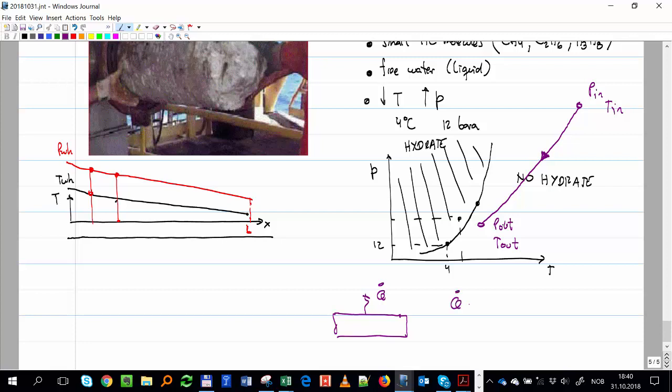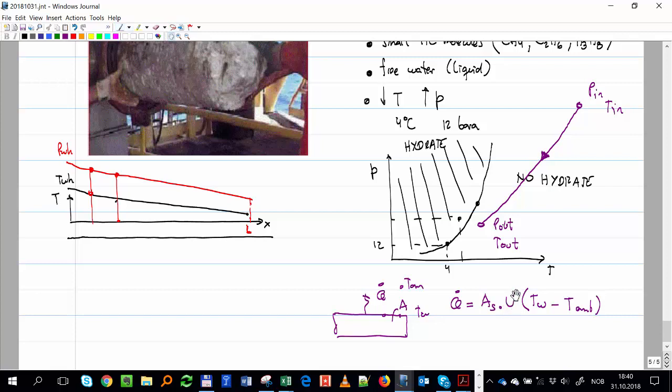And this Q is equal to the surface area times a coefficient that we call U, the heat transfer coefficient, and the difference between the temperature at the wall minus the temperature of the ambient. You remember that?